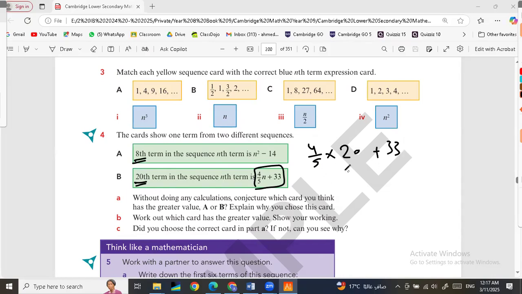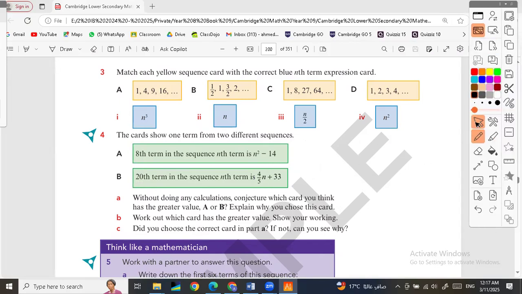We took this in the fractions unit. How can I do it? You can simplify using the cross-canceling method. 20 divided by 5 is 4. Now we can multiply normally. 4 by 4 is 16, 1 by 1 is 1. It's 16 over 1, which is just 16. Plus 33 is equal to 49.